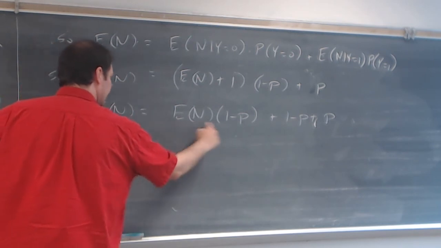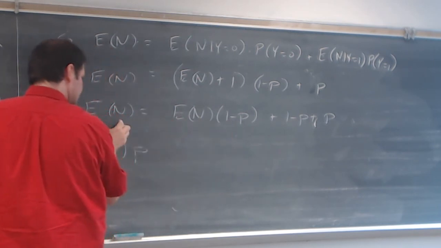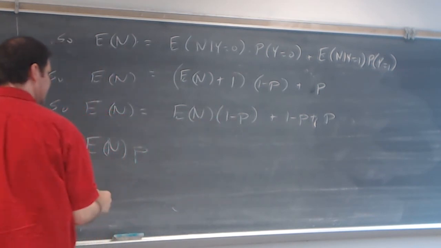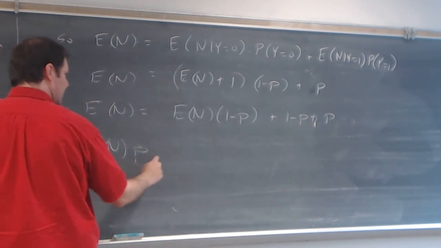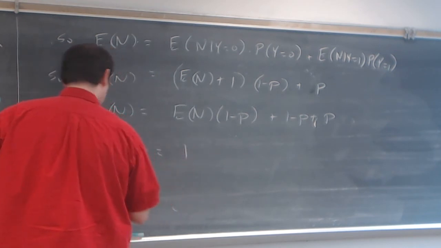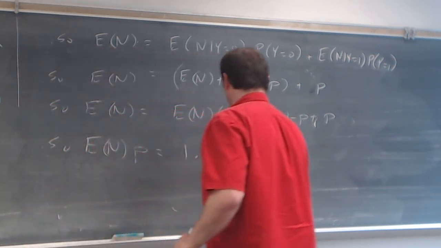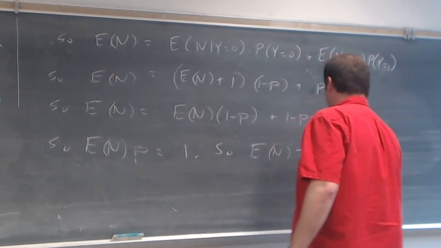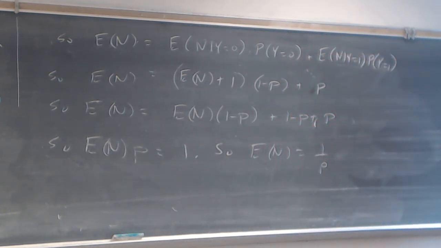The expected value of n here and the expected value of n times 1, when I subtract the expected value of n times 1, I get 0. So I add p times the expected value of n, and that's equal to 1. And so the expected value of n will be equal to 1 over p. And that indeed is the answer. And that's great.